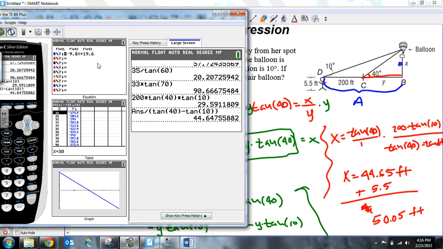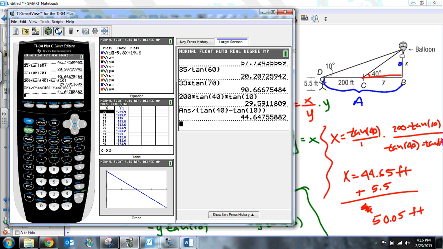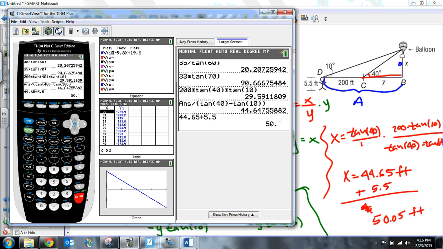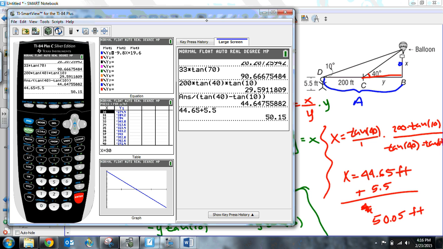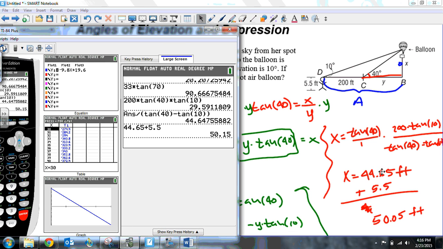This is terrible. This is where mental math comes in. 44.65 plus 5.5. Let me just verify. Dang it! Oh, I missed the decimal place. Okay, I see it. 65 over 50 gives you the 10.